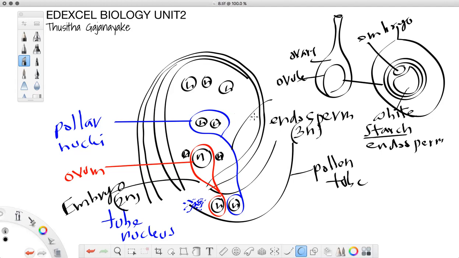Actually, I forgot to say this is called double fertilization, because we can observe two types of fertilization. This is number one, and this is two. Because of that, we call it double fertilization.